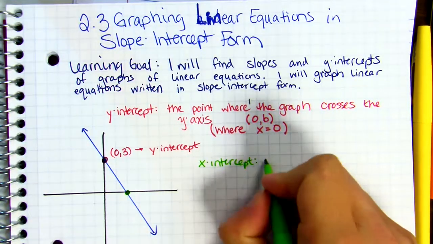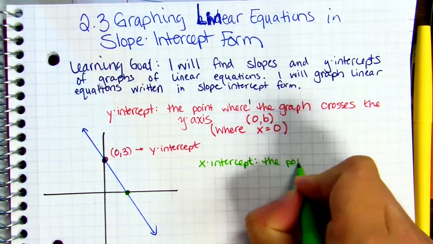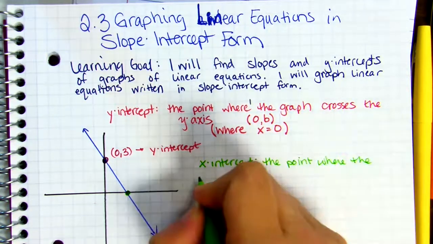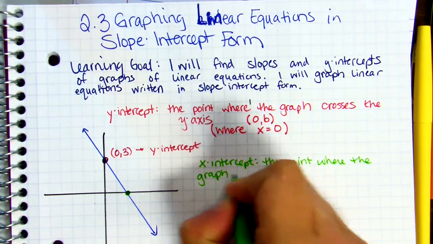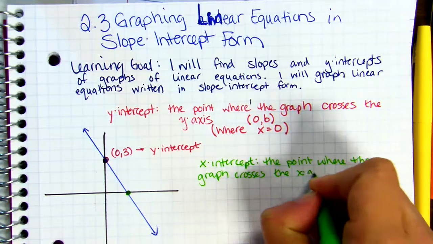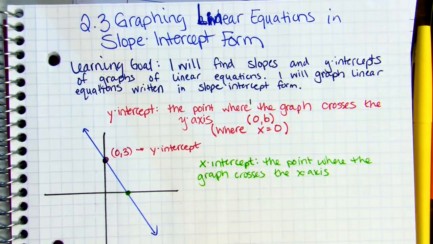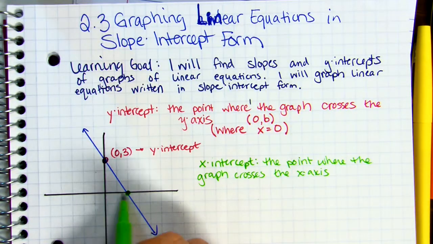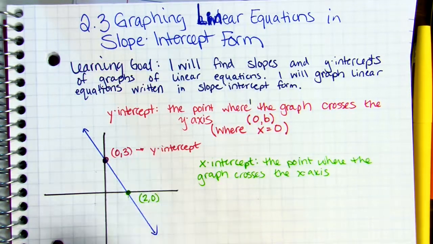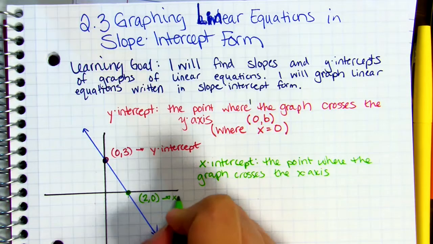It's the same thing, except it's the point where the graph crosses the x-axis. So in this case, I go over 2 and I don't go up or down at all. So my point is 2, 0. That's our x-intercept.